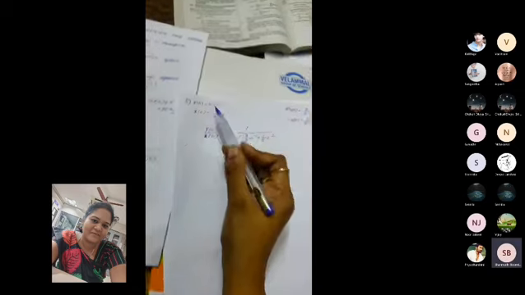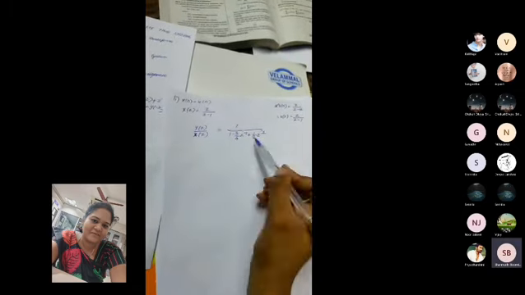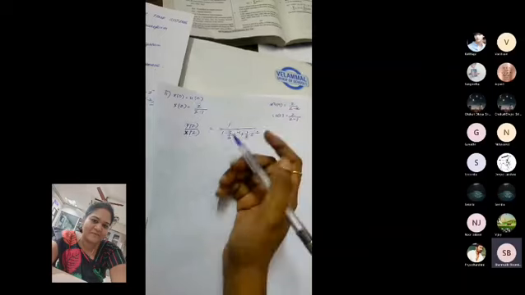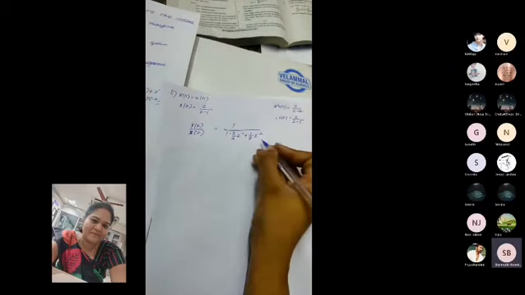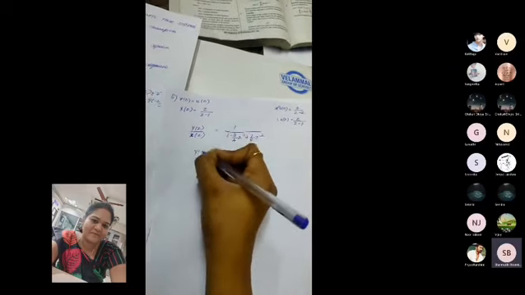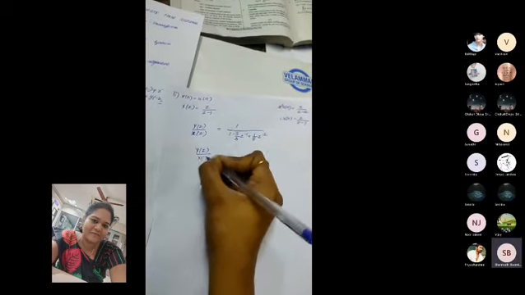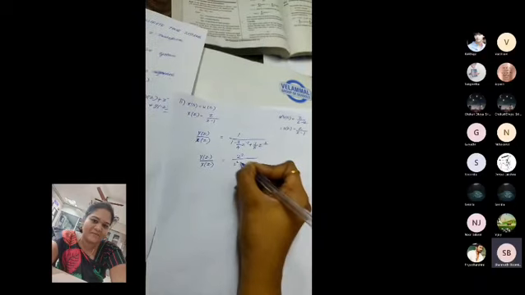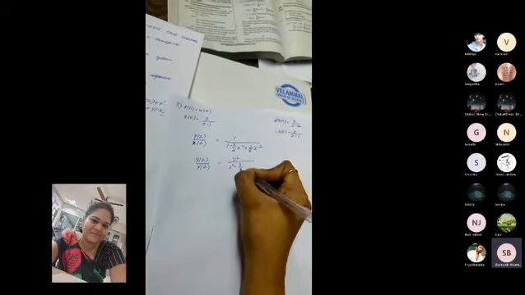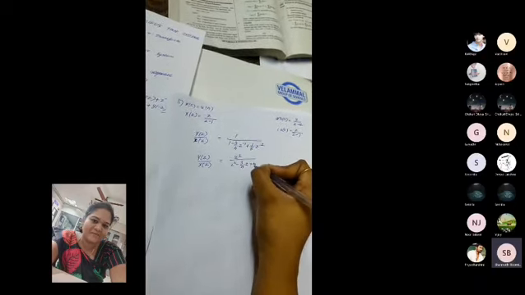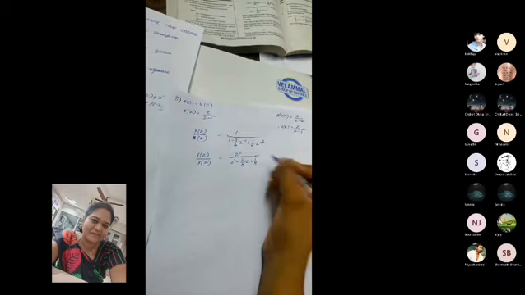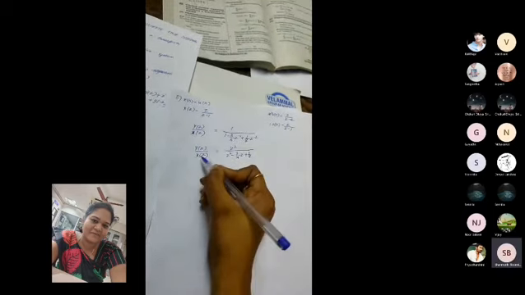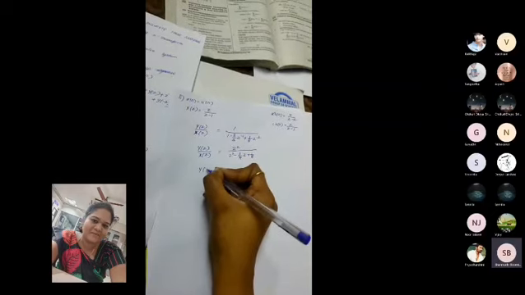So x of Z is already in the form of Z, so first change this into Z. What will happen if we change this into Z? You have to multiply your numerator and denominator by Z square. Then you will get Z square divided by Z square minus 3 by 4 Z plus 1 by 8. Next you should take this x of Z to the opposite side.